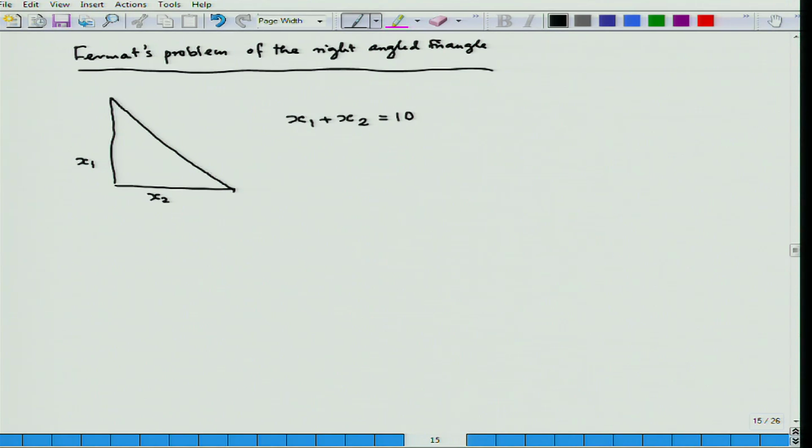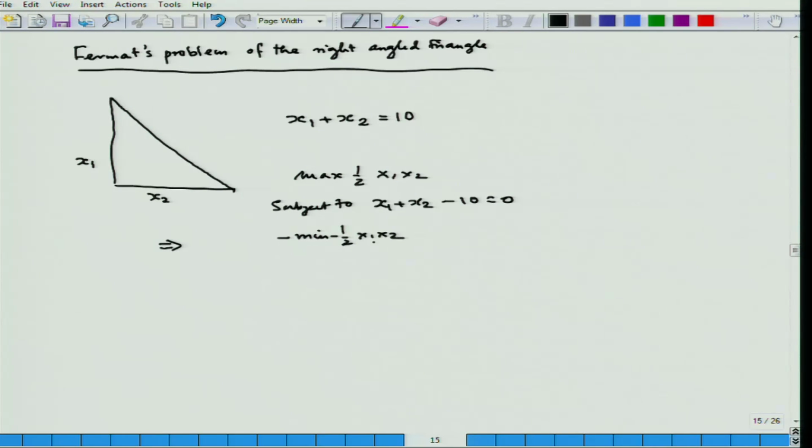Now, find that combination which will give me a triangle with maximum area, that is, the problem is: find max of half x1 x2 subject to x1 plus x2 minus 10 equal to 0. Now you can pose this problem equivalently as minimizing minus half x1 x2.